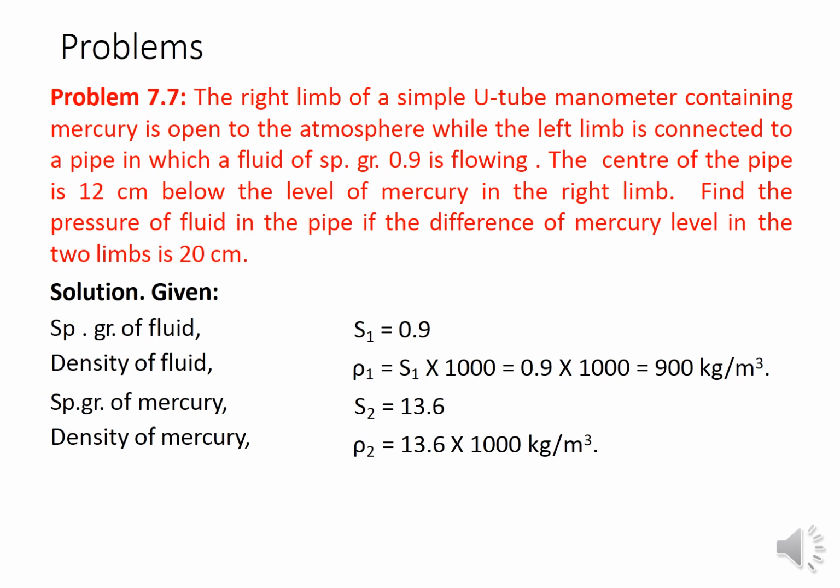Before that you should take the given data. Specific gravity S1 is equal to 0.9 of the fluid which is flowing in the pipe, and mercury is 13.6 is the specific gravity. So density you can calculate using specific gravity. So density of that liquid which is flowing in the pipe is 900 kg per meter cube, and density of the mercury is 13.6 into 1000, that is 13,600 kg per meter cube.